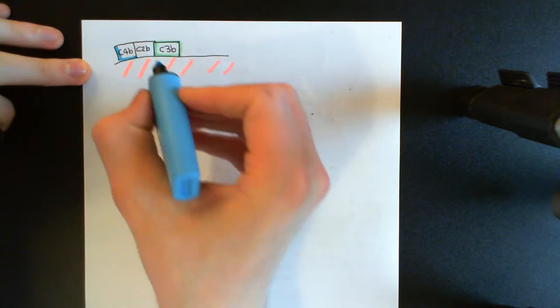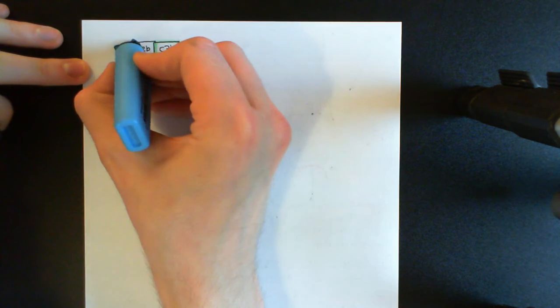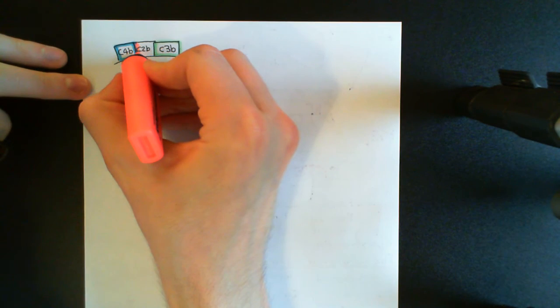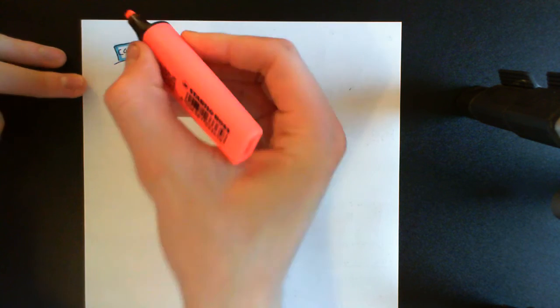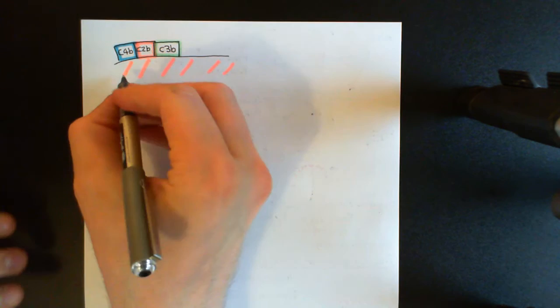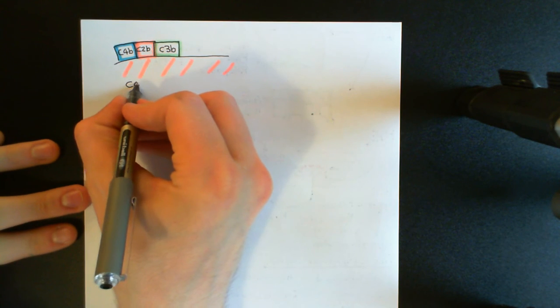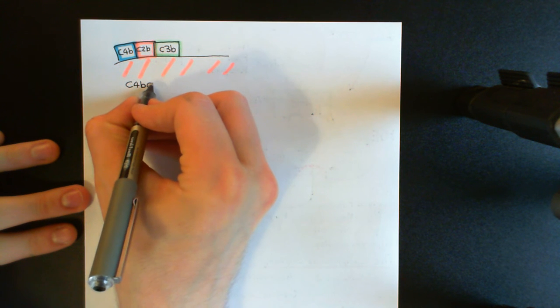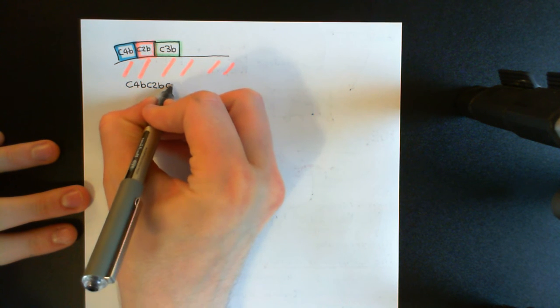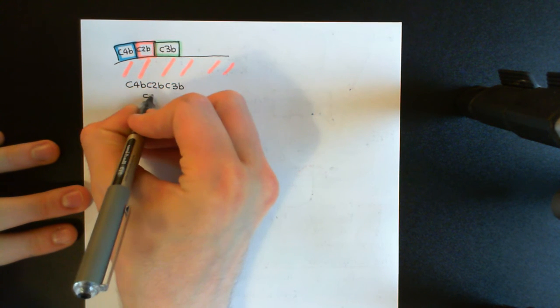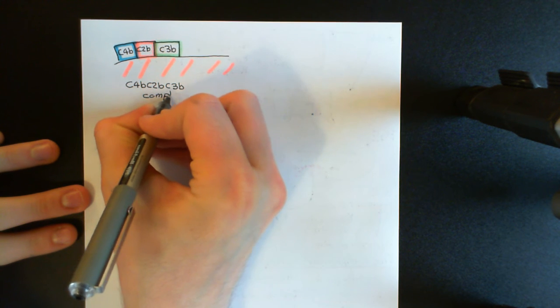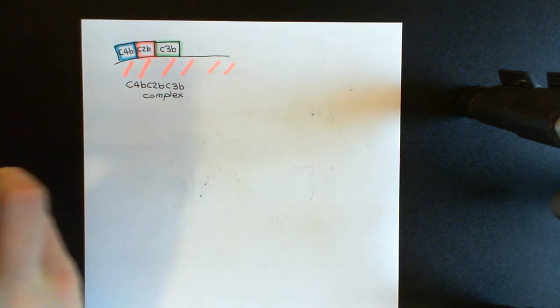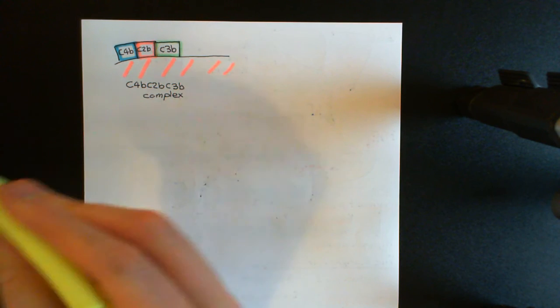So here is C4b in blue and here is C2b in red. Okay, so we've now got a bigger complex, and hopefully you can guess what the name for this is. This is going to be the C4b, C2b, C3b complex now. So you're going to get C4b, C2b, C3b complexes formed on the surface of the pathogen.